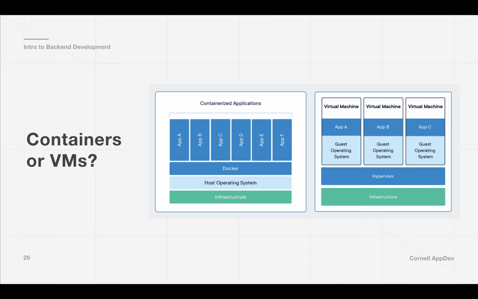Great. So what's the difference between a container and a VM? You might look at this and be like, oh, this sounds so similar, right? It's actually pretty different, like the underlying technology. So on the right-hand side, we have virtual machines. And so this might be like a Linux VM that you install on your computer so that you can follow along with this class, right?